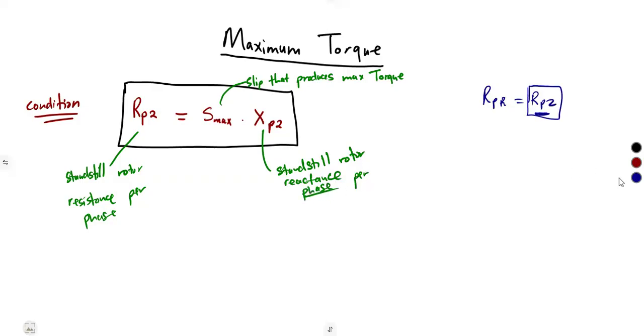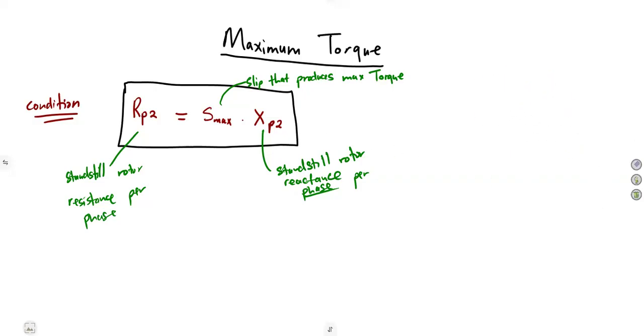So with this, we can find whatever that you're given, depending on the information. We can find any part. So what happens is that at maximum torque, we must have the slip that produces that maximum torque. And in terms of the speed of the motor, we are supposed to have the maximum speed that is affected there.